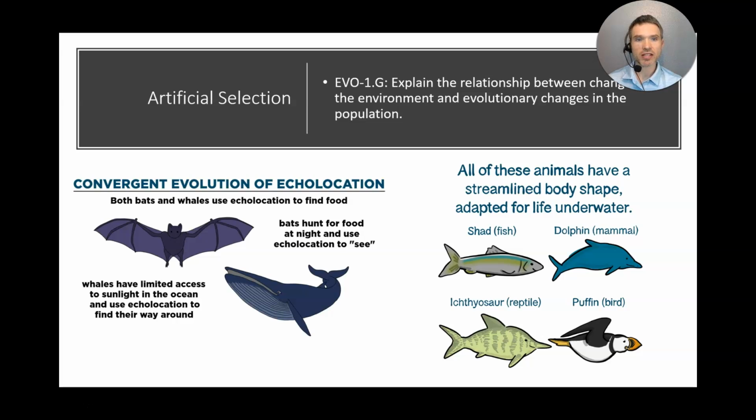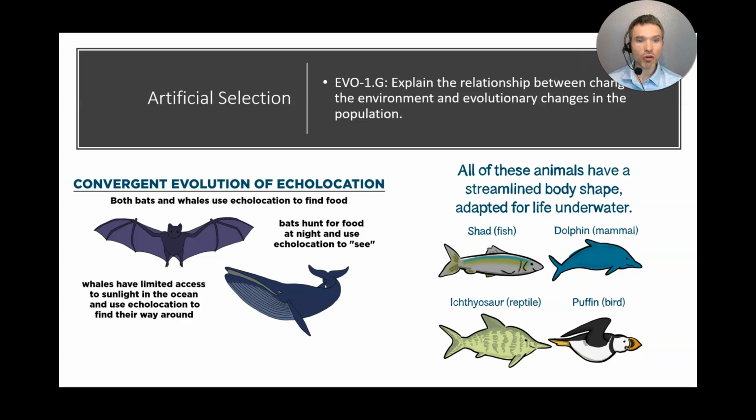And there on the right hand side of this screen, you will notice the idea of a streamlined body shape in individuals that live underwater. So you have the fish, which is the shad, you have the dolphin, which is a mammal, a puffin, which is a bird, and this dinosaur, which is a reptile.